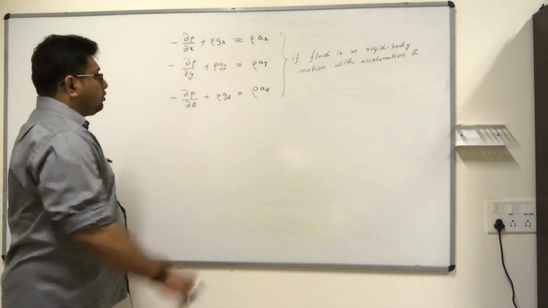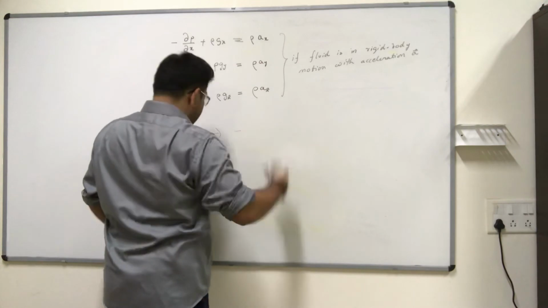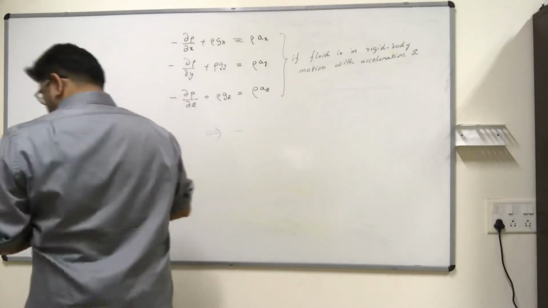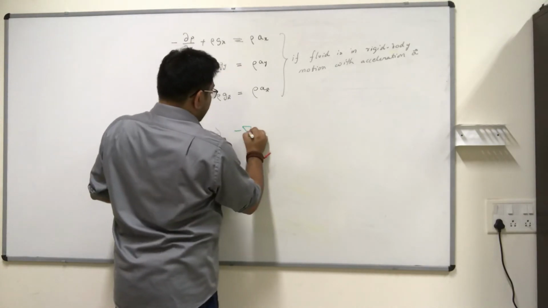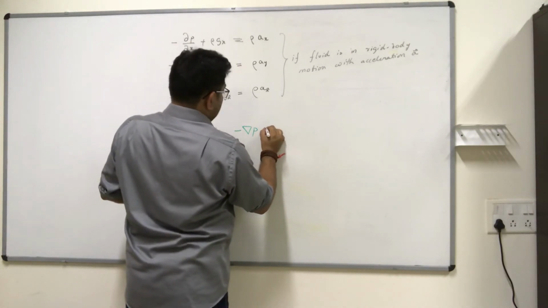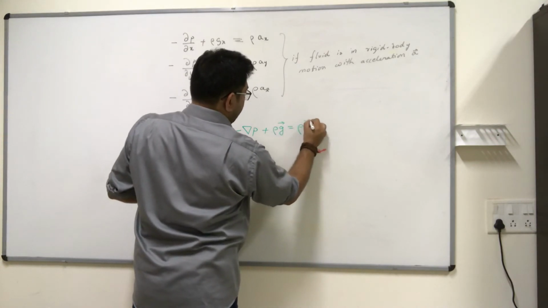So if you want to combine this, all you need to do is to write this entire thing as minus gradient of pressure plus rho G equal to rho A vector.